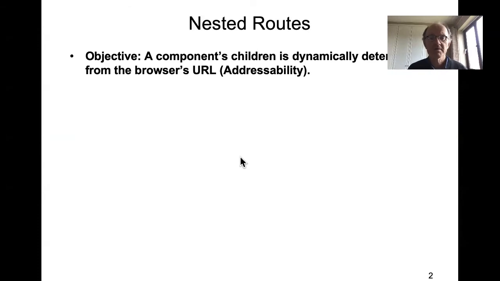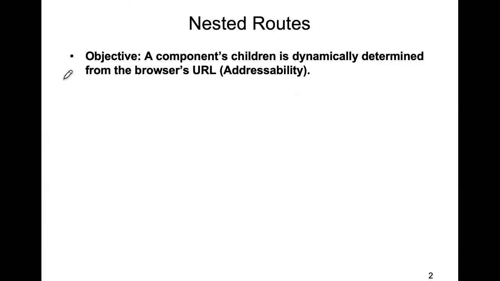So the objective is to have a component's child components somehow dynamically determined based on the current URL in the browser. And this again adheres to the addressability characteristic that we like to maintain in our web apps.